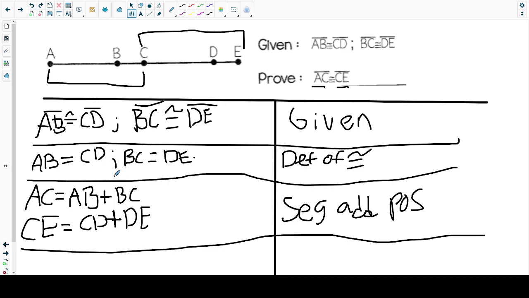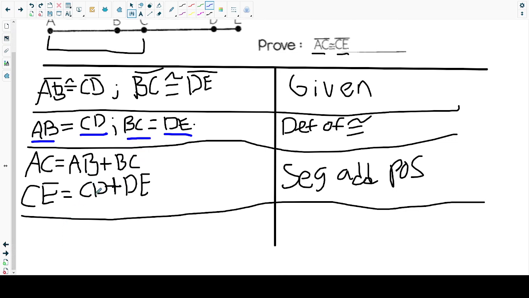So if I want to get them to be linked up, I need to get their DNAs to be the same. Well, this is CD and DE, but luckily I know that CD can be replaced with AB and DE can be replaced with BC. So I can replace CD with BC. I can replace DE. Sorry, wrong one.